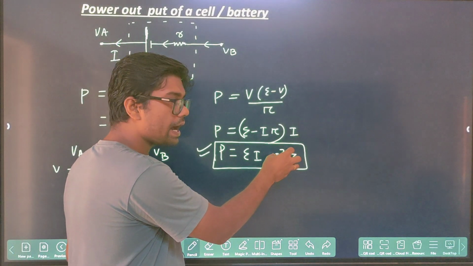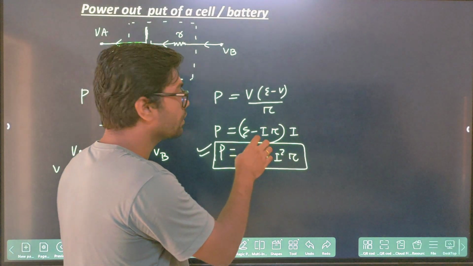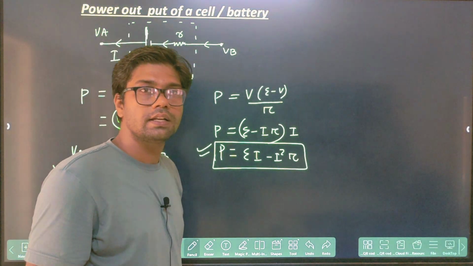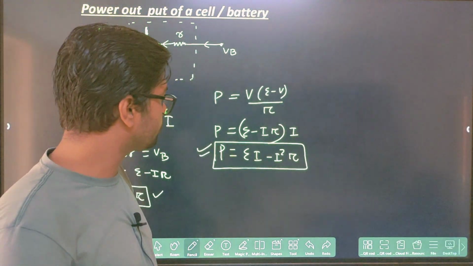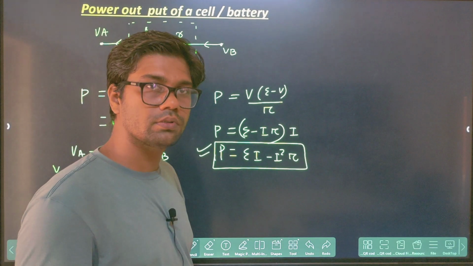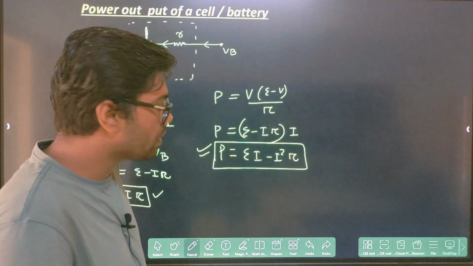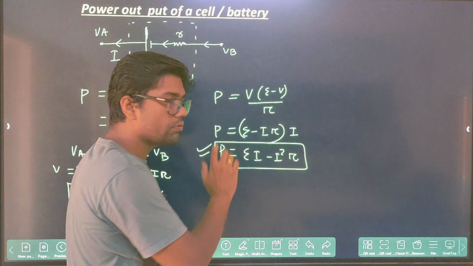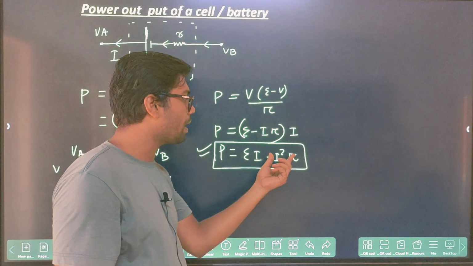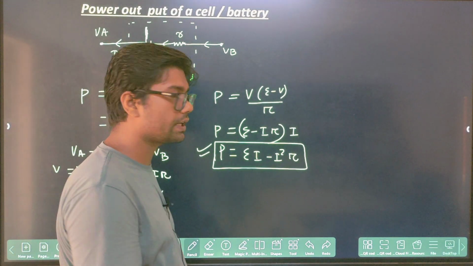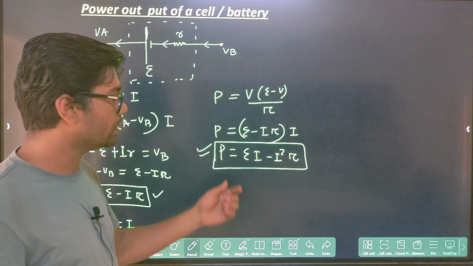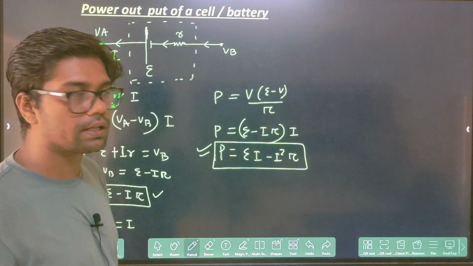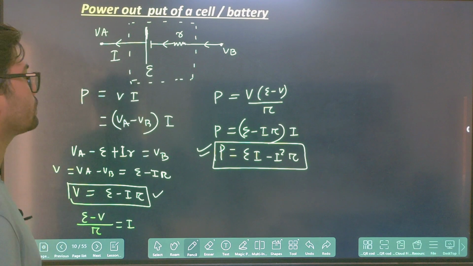I square R is the power consumed by the internal resistance. So net power output will be how much? Power given by the cell, that is E into I, minus power consumed by the resistor, that is I square into R. So net power will be EI minus I square R. Clear?